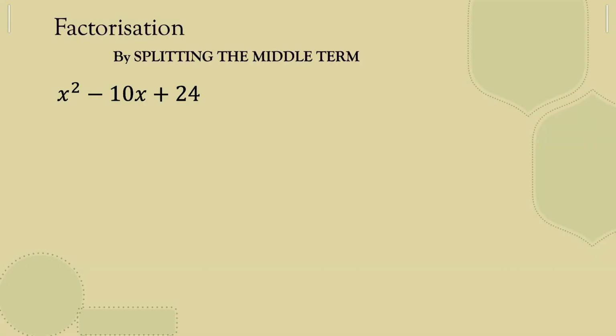One more example, try on your own. x square minus 10x plus 24. This is your sum and this is your product. Sum is negative and product is positive means both the numbers are negative.